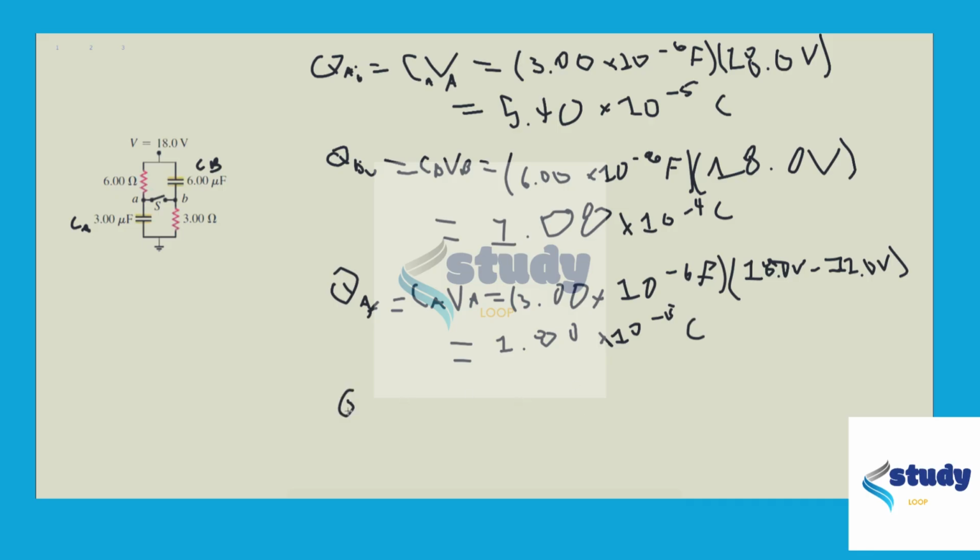And now QB final is equal to CB times VB, which is equal to 6.00 times 10 to the minus 6 farads times the voltage drop across that capacitor, which is going to be 18.0 volts minus 6 volts.